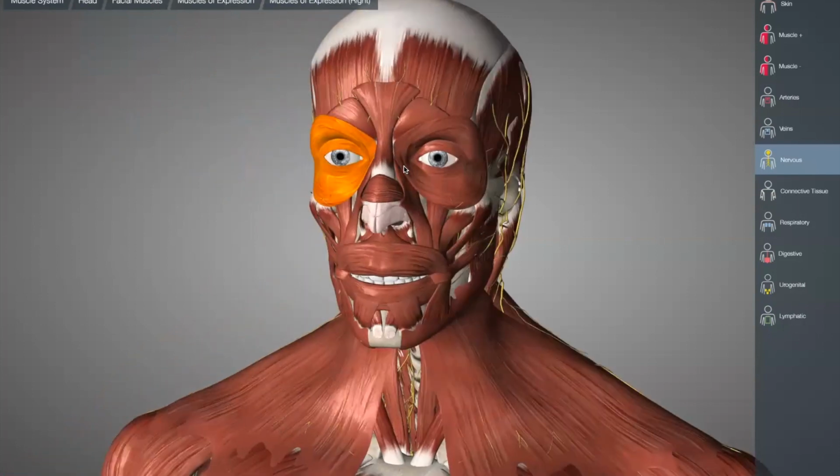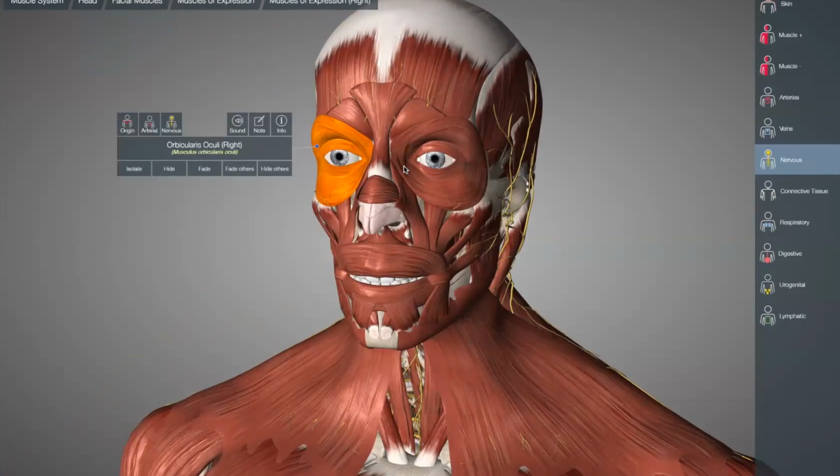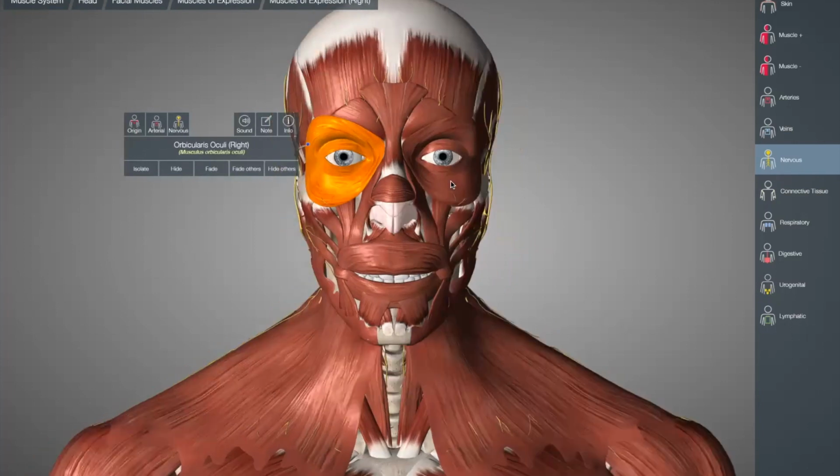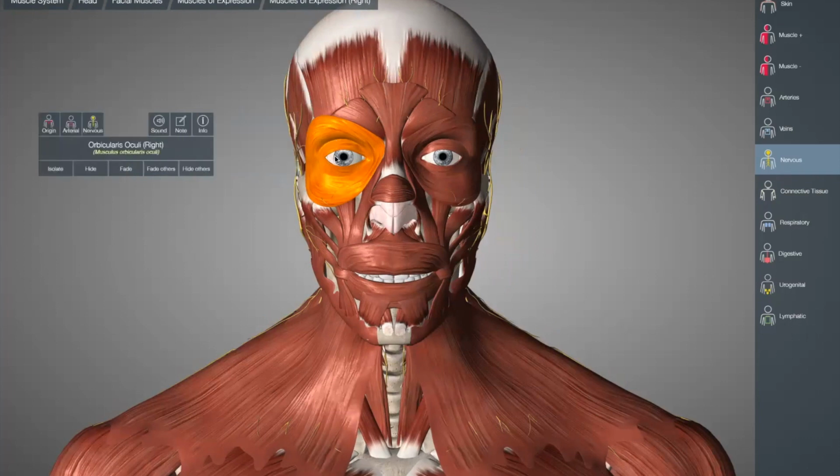Do you know it? I watched the Kenhub video first, and after that I looked at the Sobota. That's amazing, perfect. Now you're going to be a master of it. So, what muscles are part of the orbital group of the face?